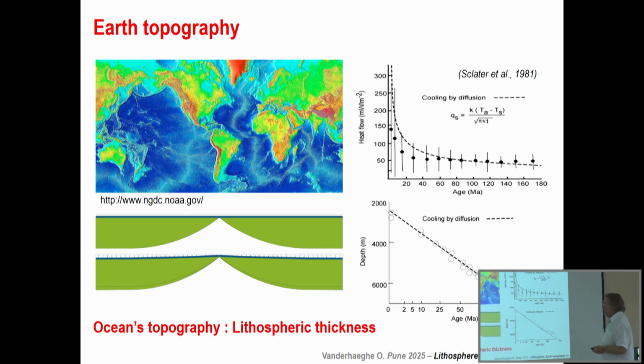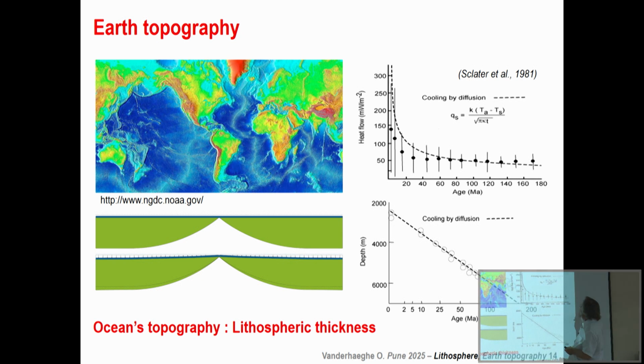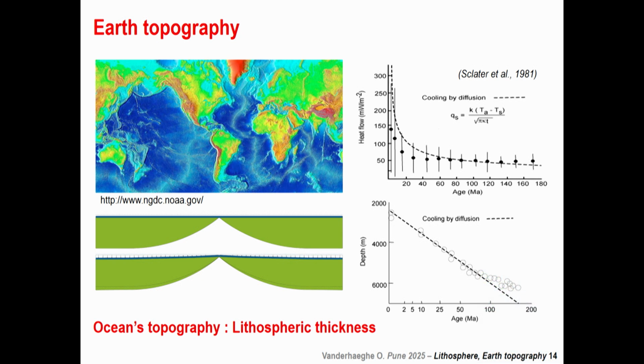So there is a correlation between all these parameters, and this was calculated by Sclater in 1981: there is a decrease in heat flow as a function of distance from the mid-oceanic ridge and as a function of age. And he reproduced that with a cooling model. In other words, as the plate diverges from the mid-oceanic ridges, it cools. The 1350 isotherm becomes deeper and deeper. When the mantle cools down, it becomes more dense, then it will subside, lowering the topography.